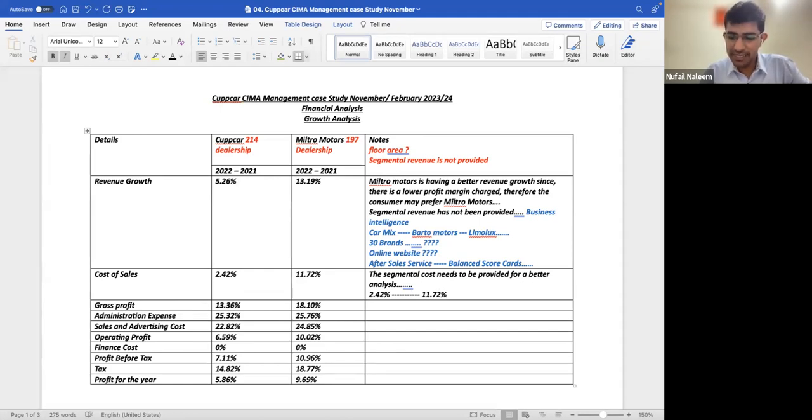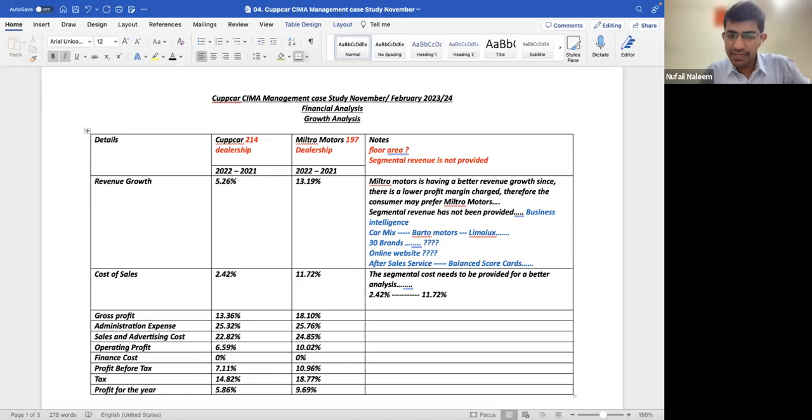So can I effectively say there are more investments by Miltro specifically on workshop? Specifically on what, students? Workshop.